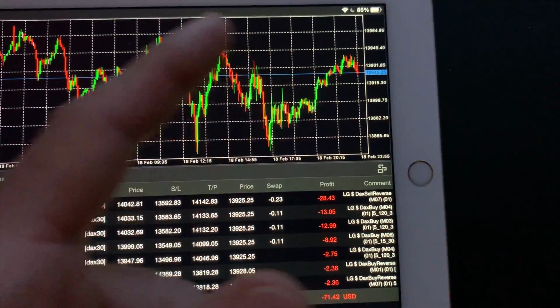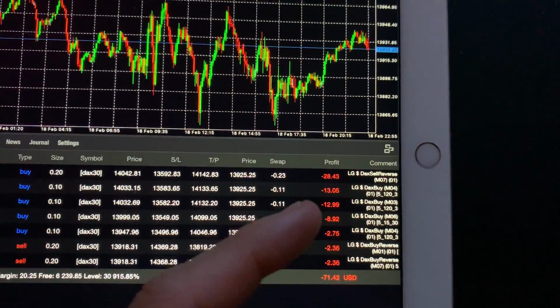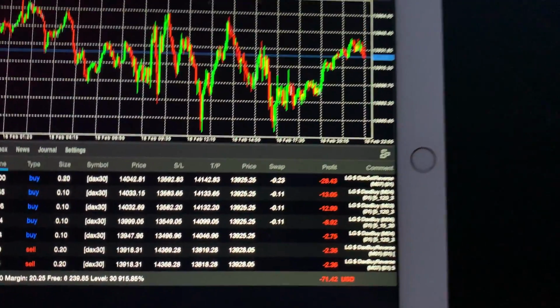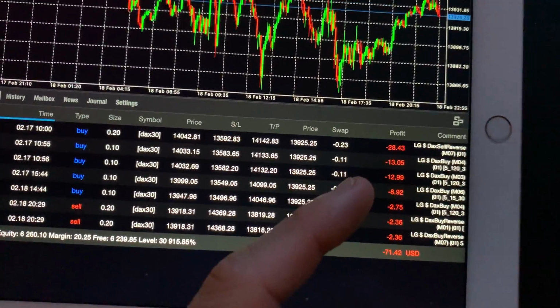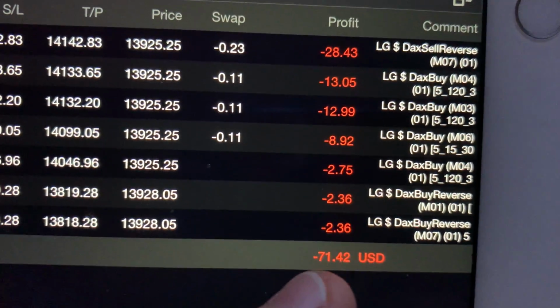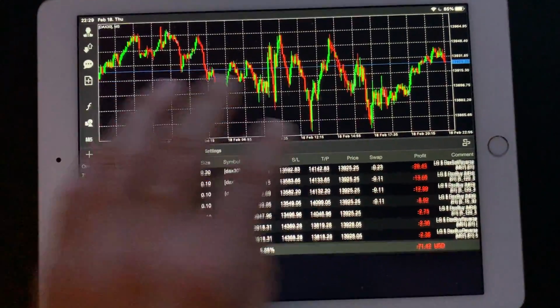If the market still changes, maybe early hours in the morning, sometimes it happens, it changes in a favorable direction, and if it sees an opportunity to close any of these positions with a profit, it will close with a profit. So right now my exposure is a little over $71. That's not much. I think that's completely bearable.